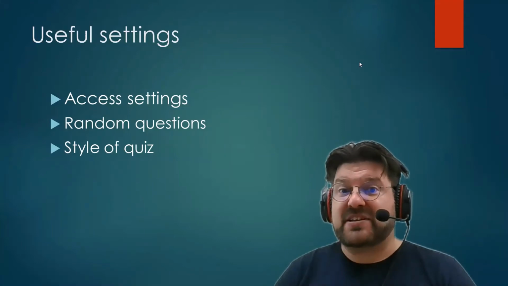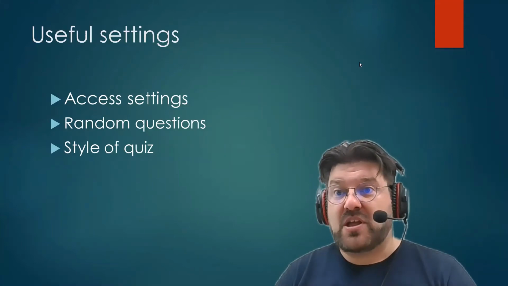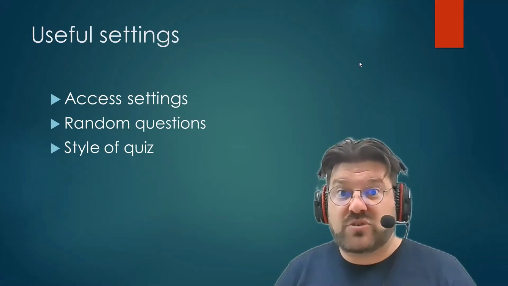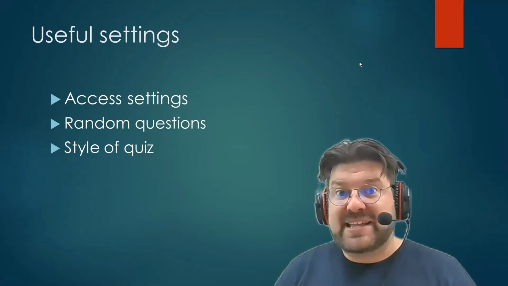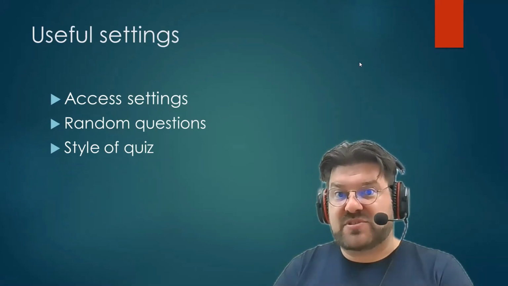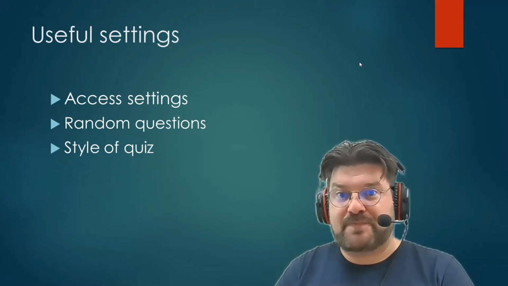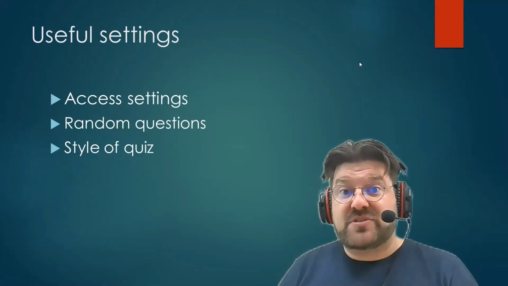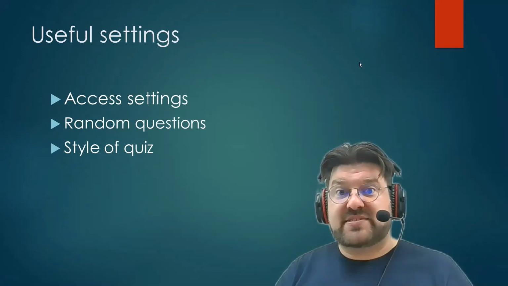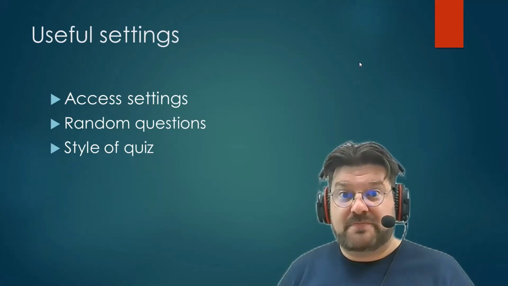Next part, I think, is really great. In WebClass Quizzes, you can create a quiz of about, say, 100 questions. But in the settings, you can say, choose 20 of those questions for the quiz. That means you can have a question bank, and every student's quiz is different.